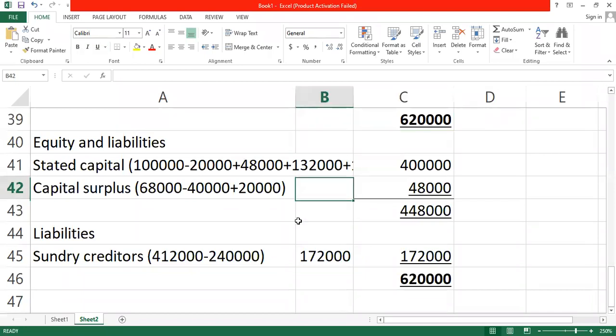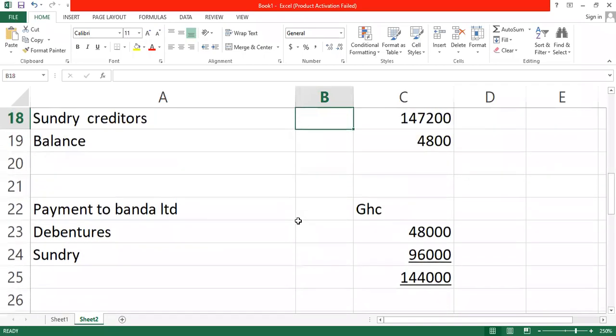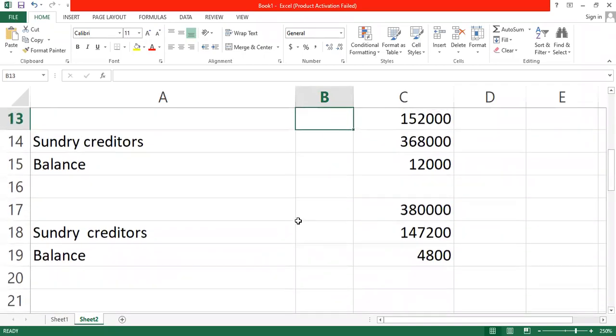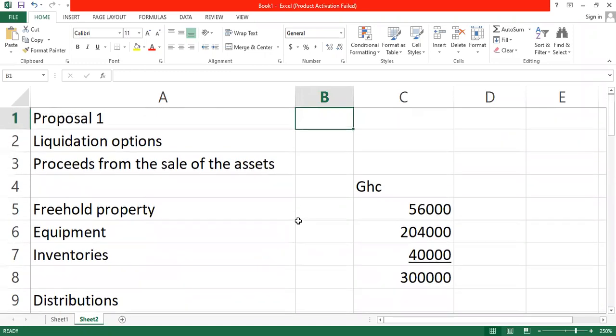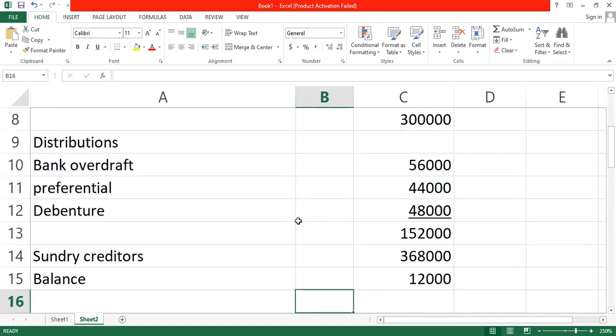So this is all that they are expecting us to do. If the question didn't ask you to draw capital reduction accounts, don't draw them. If you want to do that as a working, that will help you get whatever you want to get, you can do it.